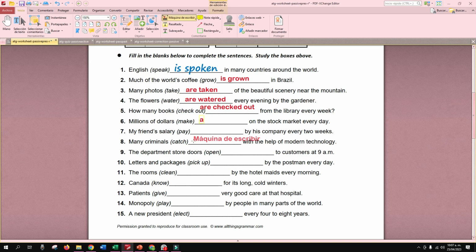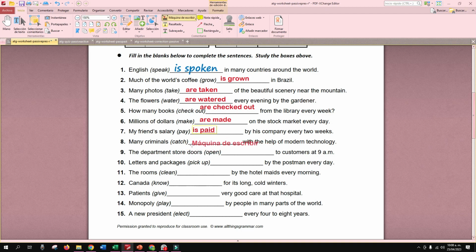Are made. Excellent. Are made on the stock market every day, right? Perfect. My friend's salary. Look at this one. Is or are? Is paid, right? So my friend's salary is paid by his company every 2 weeks.